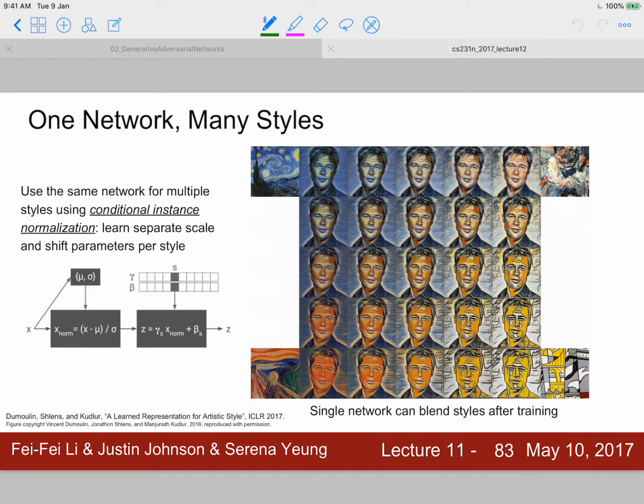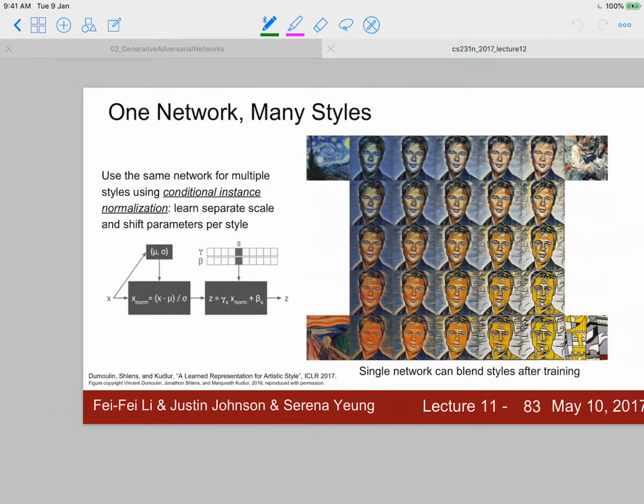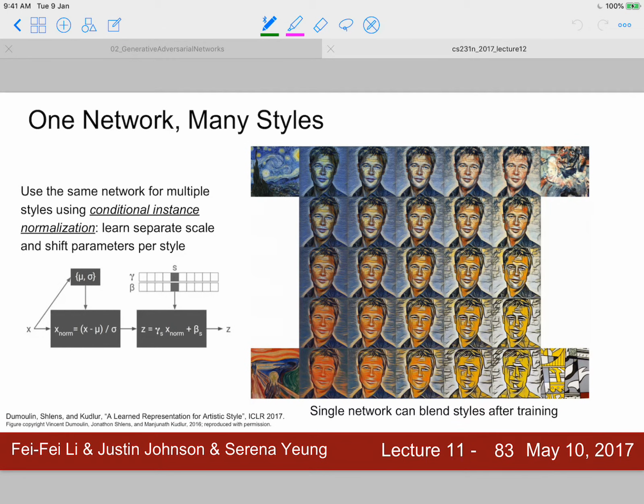Okay, so last time, at the end of our class, we discussed something called the AdaIN, adaptive instance normalization. I didn't explain it in detail, but this slide describes the main idea about it.